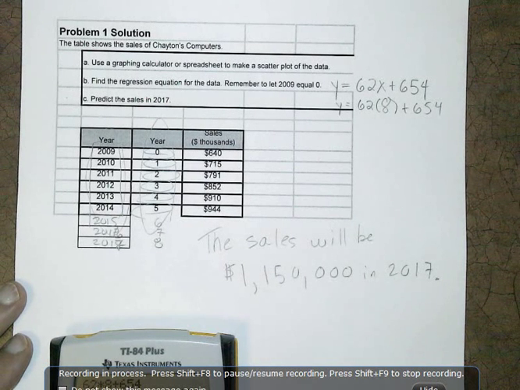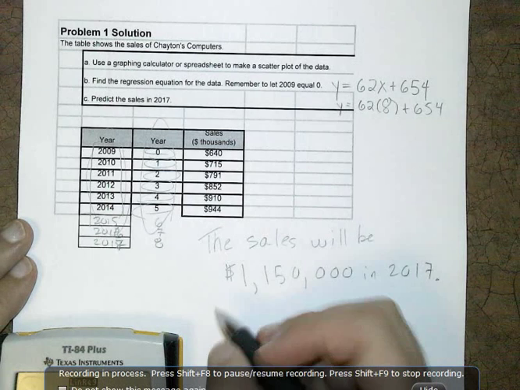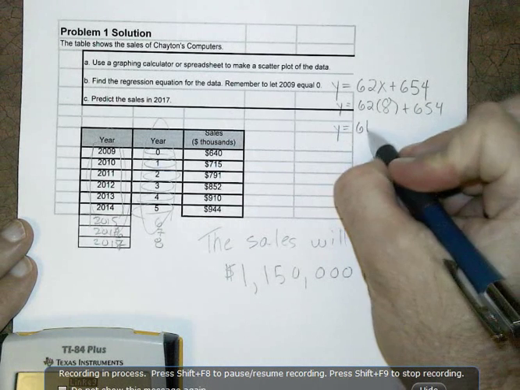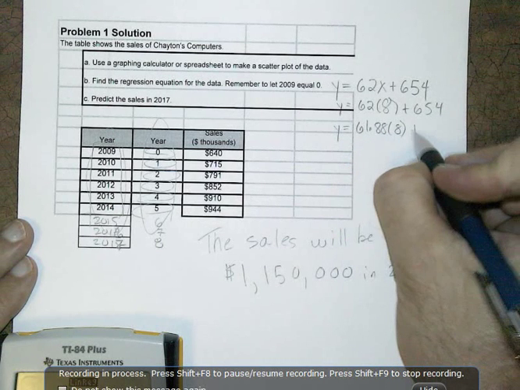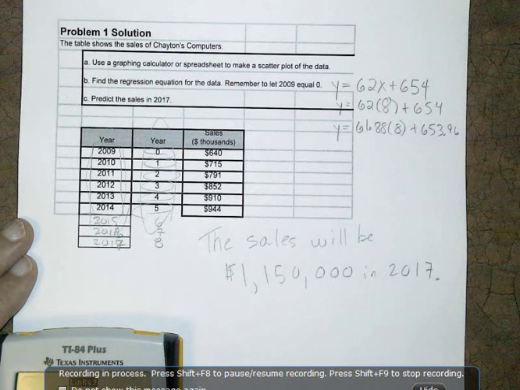Okay. Now, if you don't use the rounded version, so if we use the previous numbers, we'll get a slightly more accurate answer, and I'd accept either in this case, but you probably should use the other one instead. So y equals 61.88 times 8 plus 653.96. You're going to get a slightly different answer.